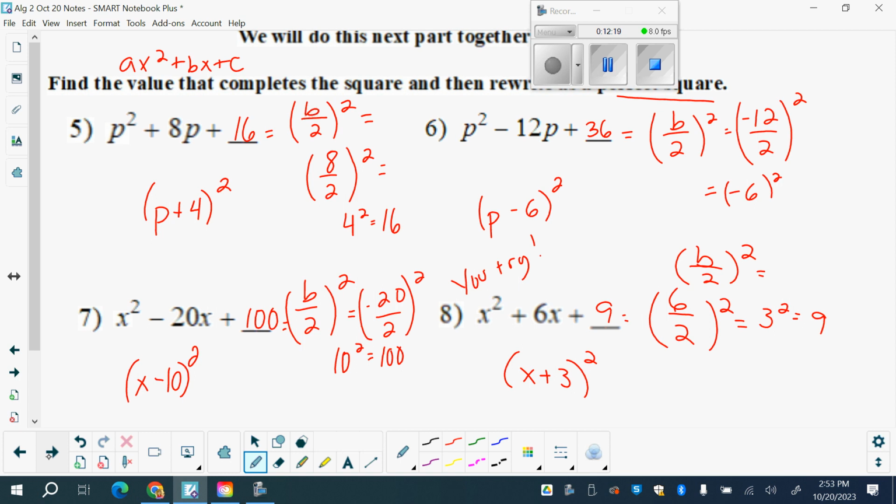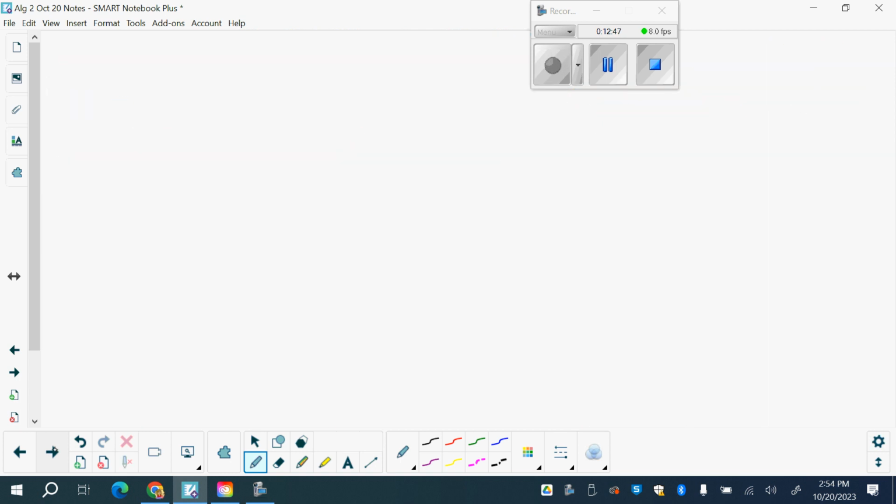Wait, you see your notes? No, because I didn't do this. You're supposed to go up again on the left to get to the next one.